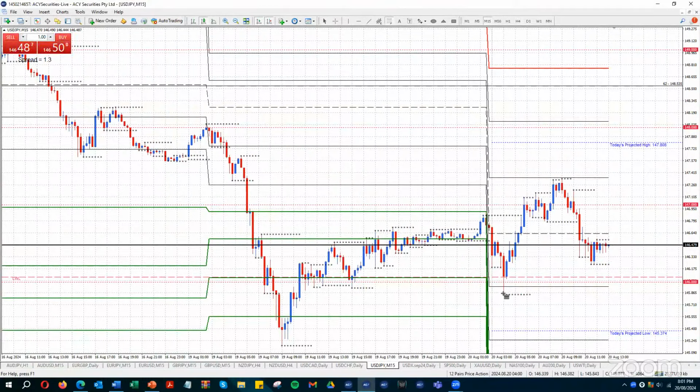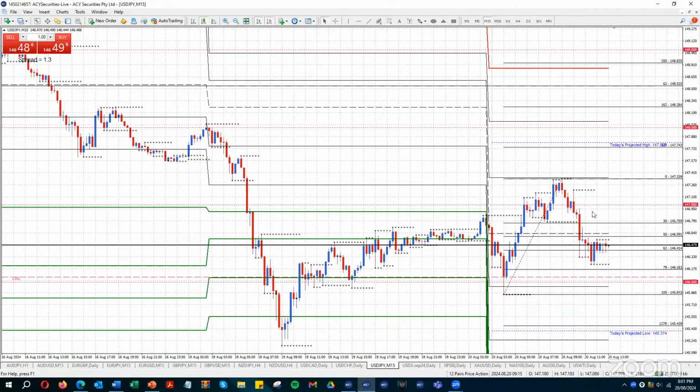It looks like it's come down to the 79% area. It hasn't actually quite got there. It got down to 146.16 to 146.00, retested last week's low and held once more. Is that a buying area to move up?